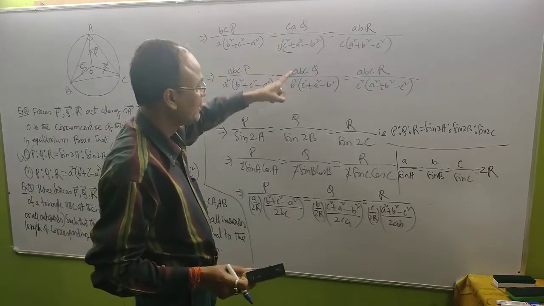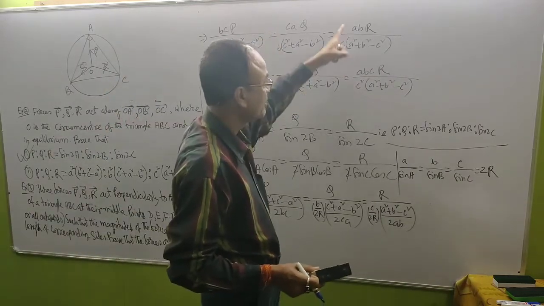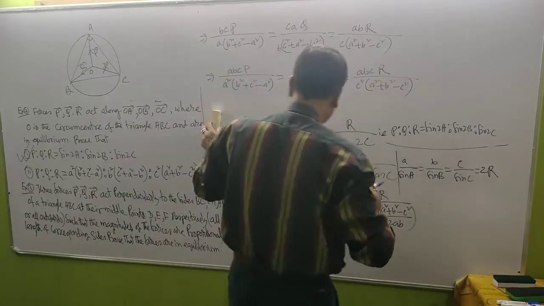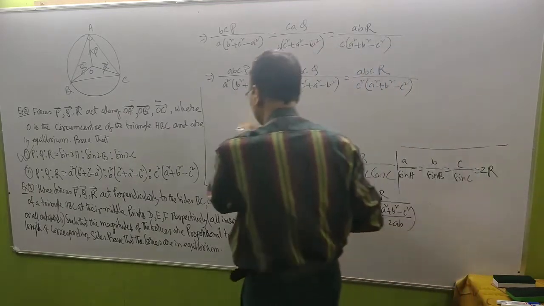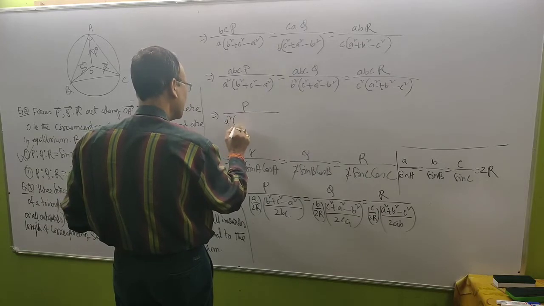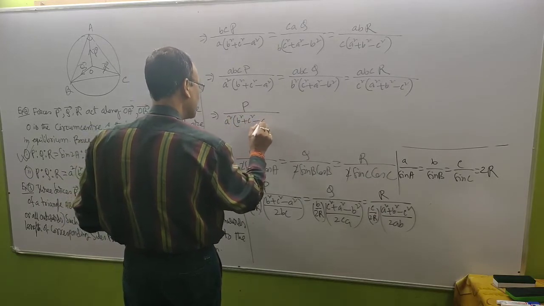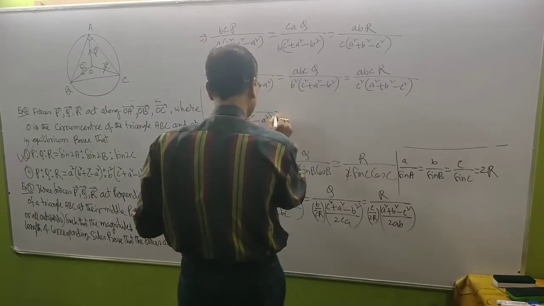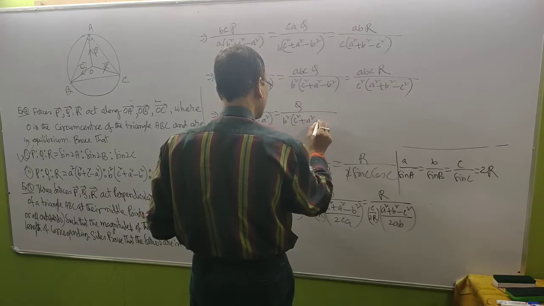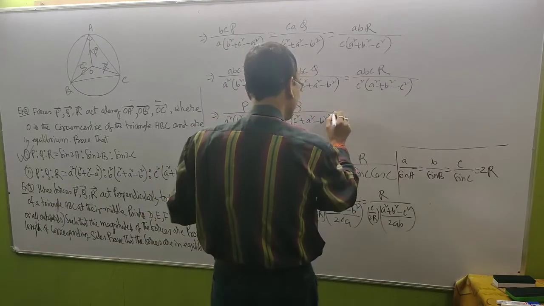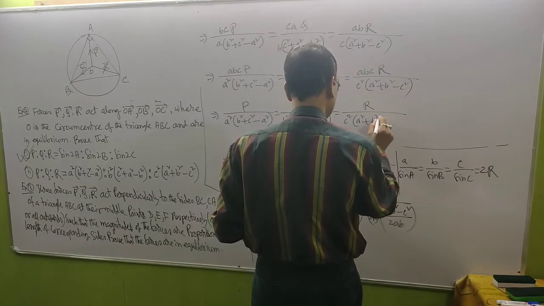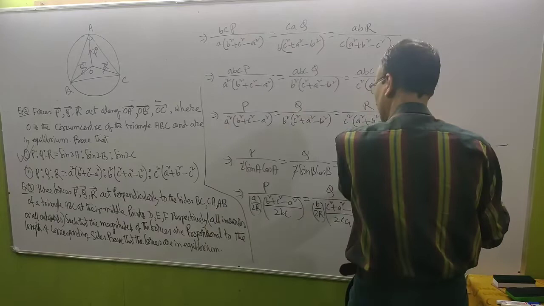Here multiply numerator and denominator by b, and here multiply numerator and denominator by c. Then dividing by abc, you will get a square, b square plus c square minus a square. This is equal to q, b square, c square plus a square minus b square. This is equal to r, c square, a square plus b square minus c square. You will get this.